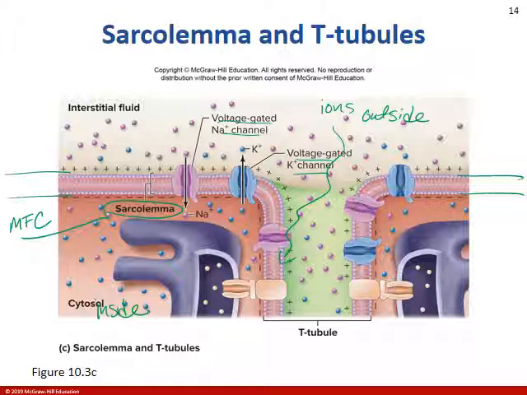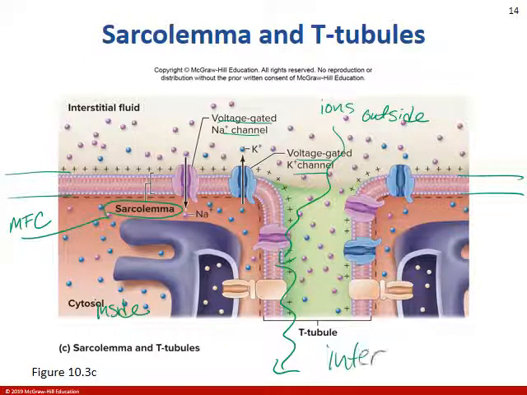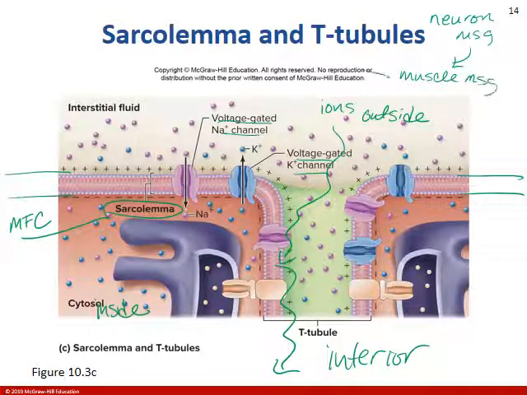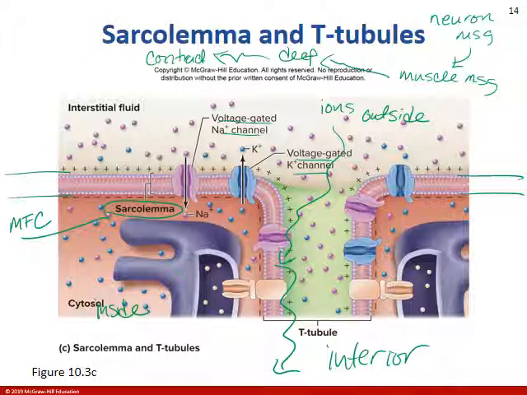And that shift of ions is going to take the message to the interior of the muscle. So remember, our whole goal is to take a neuron message, turn that into a muscle message, take that muscle message deep or internal, and then eventually we're going to have contraction.